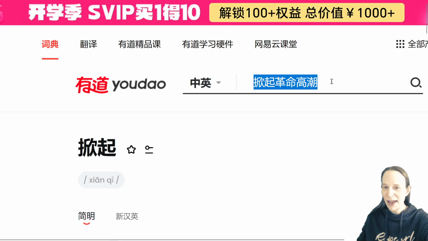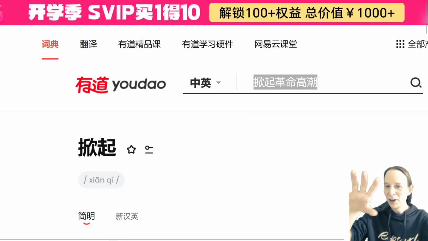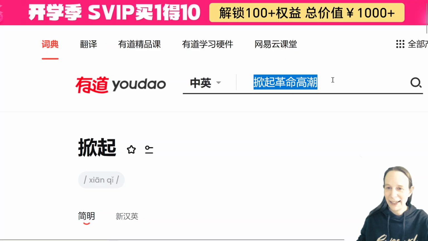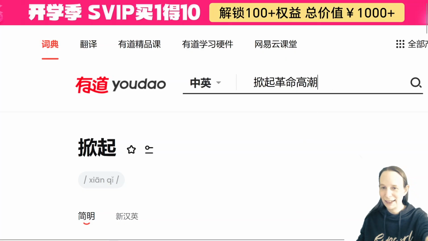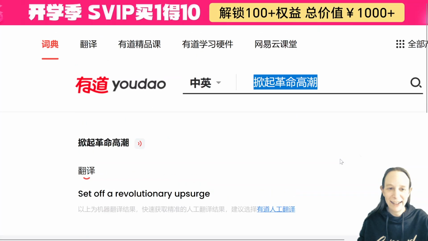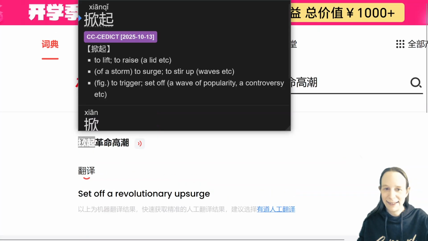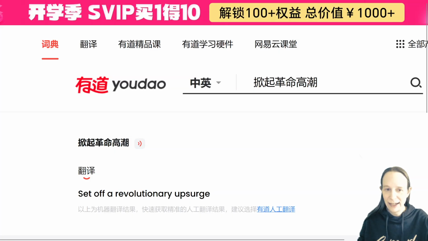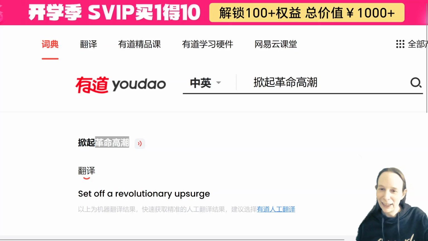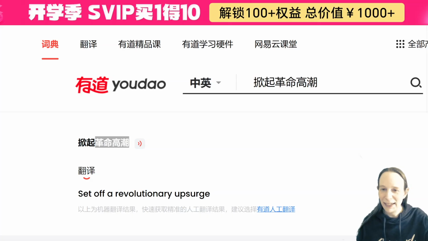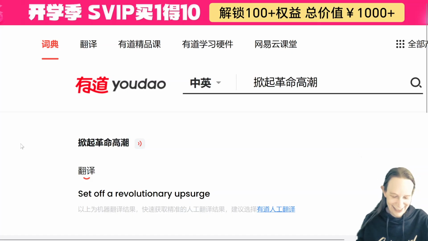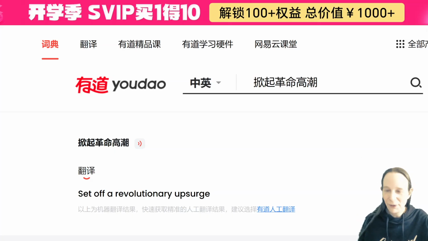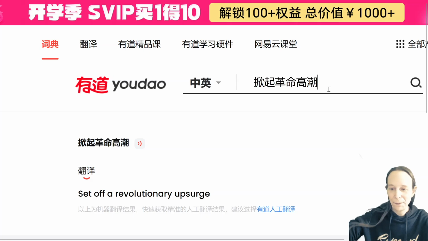If I have the mouse hovering over that input box, it will change the input. Bad design. So this is like set off, to trigger 高潮, the climax of the 革命, the revolution. That kind of phrasing doesn't come up too often in my everyday life.